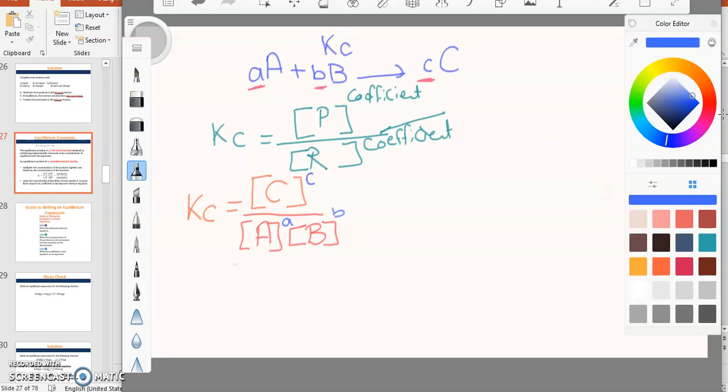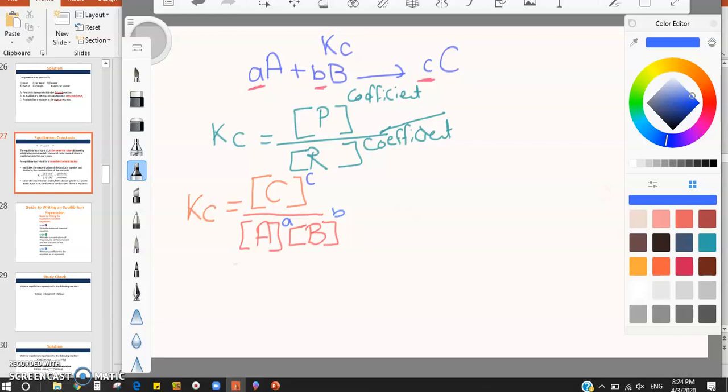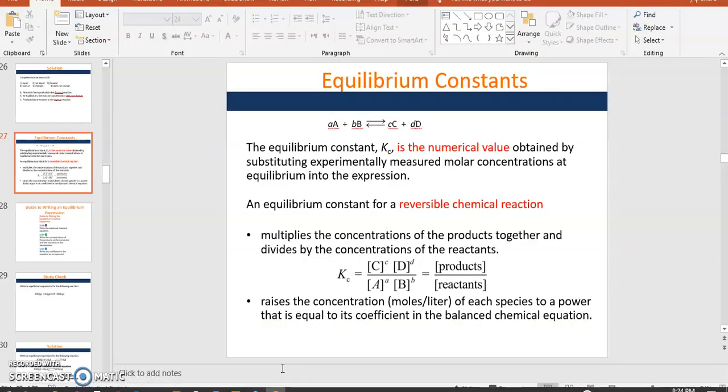That's it. Very easy to apply. So we'll have lots of problems that we can figure out with this very easy formula.